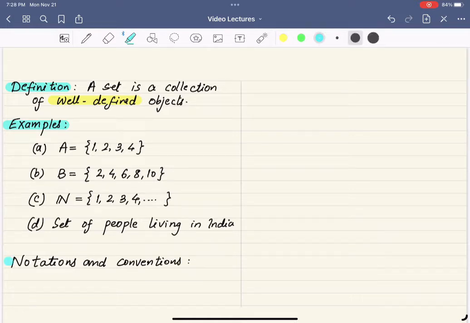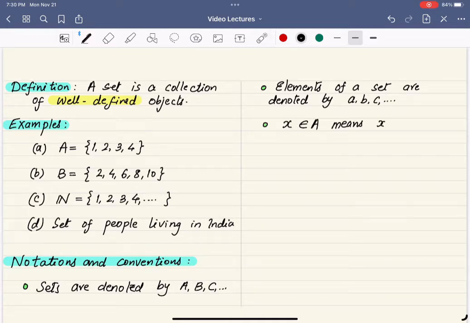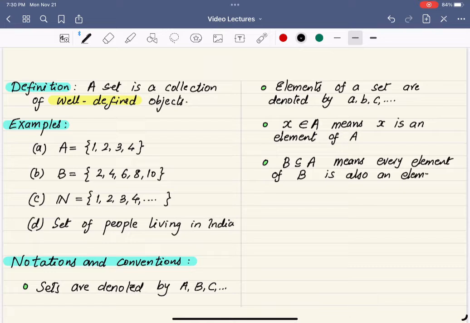Sets are generally denoted using capital alphabets such as A, B, C, D, etc. And the elements of sets are denoted using small alphabets such as a, b, c, etc. The symbol x belongs to A means that x is an element of A, and this is how it is denoted. x belongs to A. And then you have B subset A, which means that every element of set B is also an element of set A. Then you have equality of two sets, which is the same thing as saying A is a subset of B and B is a subset of A.